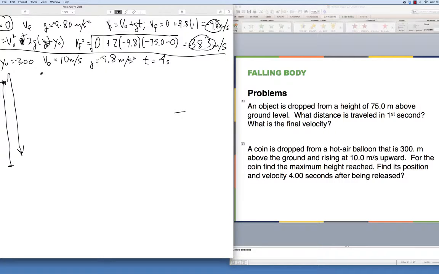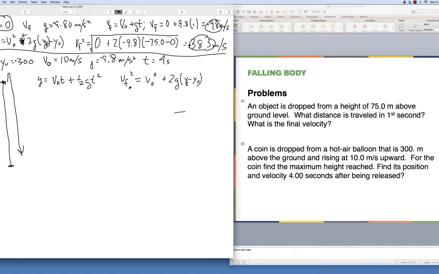The y displacement is equal to v0t plus 1/2 gt squared. We also know that vf squared is equal to v0 squared plus 2 times g times the y displacement. I'm writing these down because I'm trying to figure out which one is the better one to use.